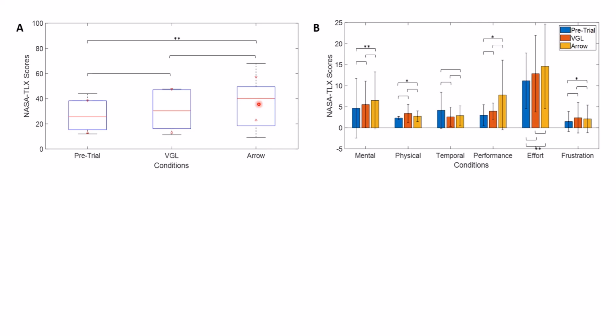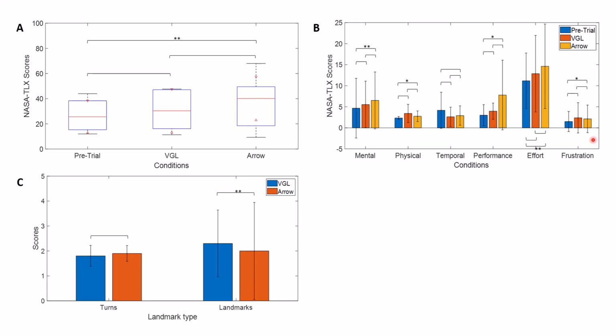We also looked at the independent components of the NASA TLX score, which again suggests that VGL required less mental processing, less performance and cognitive load, and less effort compared to the directional arrow. However, VGL required a little more physical effort and sometimes frustration was also there among the participants.